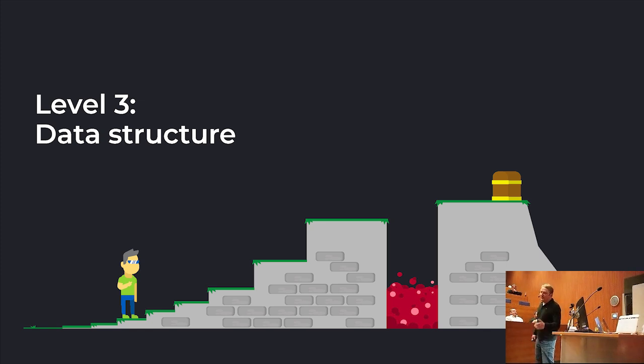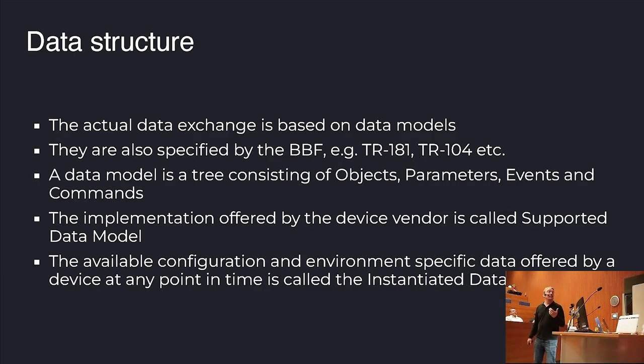Rather simple. So the next point is data structure. We have the communication going. How do we actually exchange the data? The data itself that we exchange is based on what is called a data model. Data models are known, TR-98, TR-181. We've heard them a couple of times now.